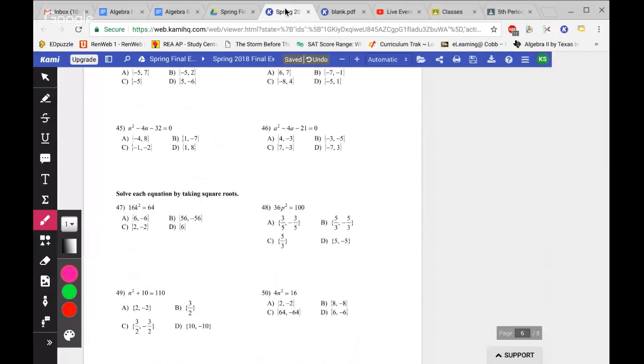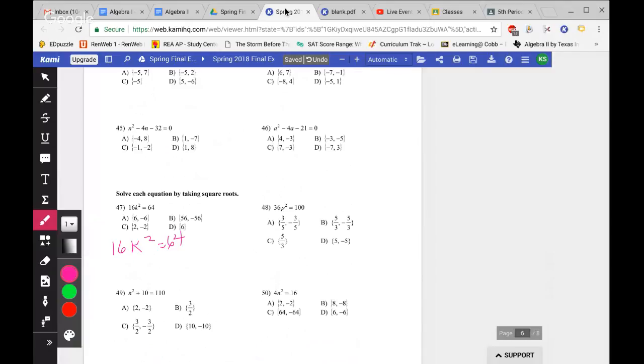All right. Solve each equation by taking square roots. So here, what you're going to do, and don't panic. A couple people panicked. When you have 16k squared equals 64, in order to get k squared all by itself, what do I do?